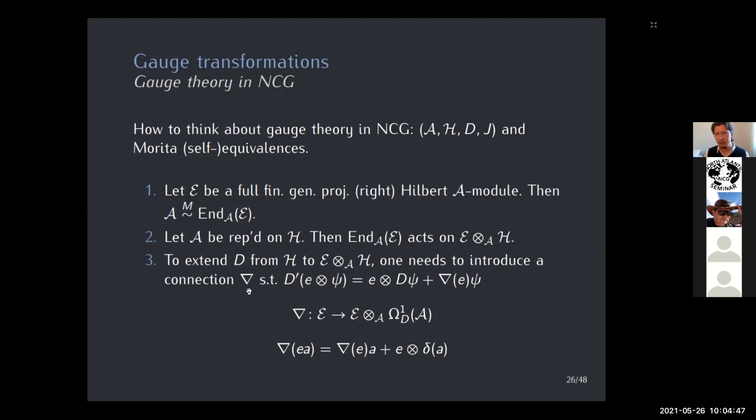The reason that you need to introduce the connection is because if you don't, it's reasonably easy to see that if you just hide this term here and insert some a here or a here, the tensor product won't be balanced because the Dirac operator doesn't commute with the algebra. So you need this connection to scoop up the extra terms.